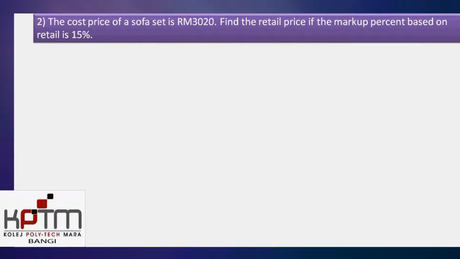Question number 2. The cost price of a sofa set is 3,020 ringgit. Find the retail price if the markup percent based on retail is 15%. We will use the same formula as question 1.